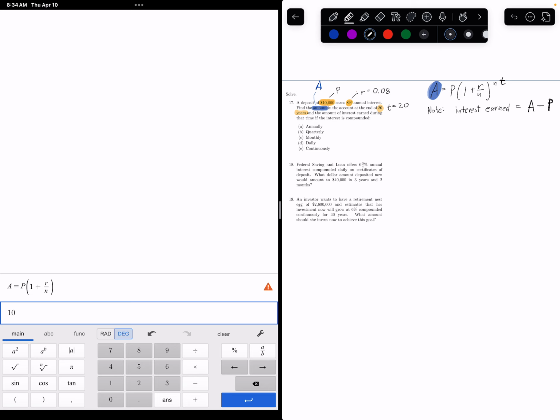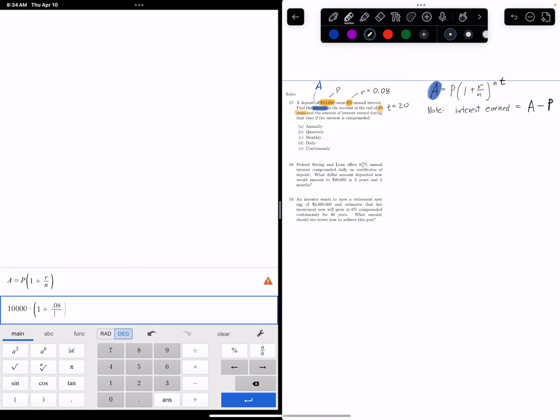So 10,000 would be the principal, right? The P times parentheses 1 plus, and then you have your r, which is 0.08, divided by n, which in the first case for part A is annually, so just divided by 1. And then you go to the exponent. Exponent is this a to the b function for me. Some people have x to the y. Some people have a little caret symbol on your calculator. It depends on the calculator itself.